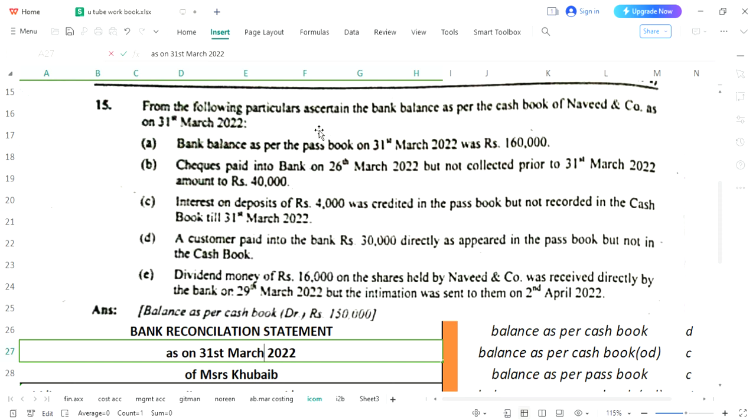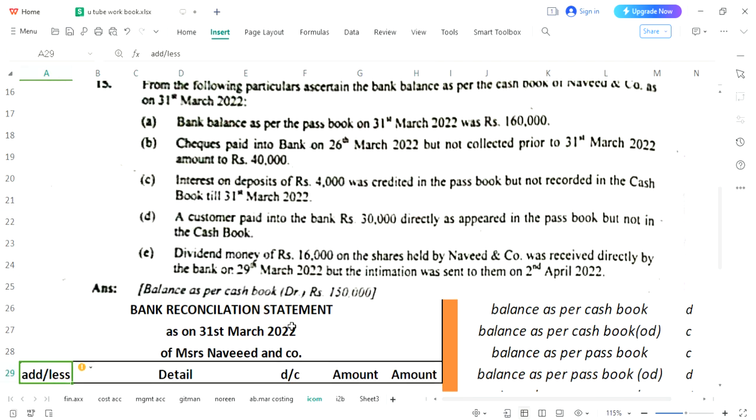Third, we put the name, and here the organization name is Naveed and Company. The last question was for Khobaib, so here we are going to write Naveed and Company. So our first step has been completed. We have written all three headings as our first step. So let's start the question.